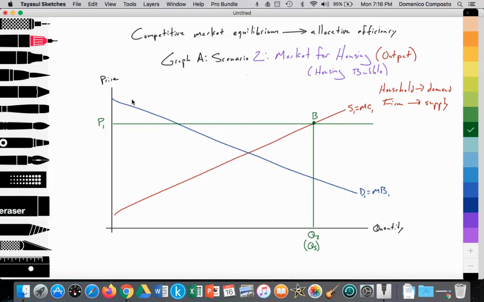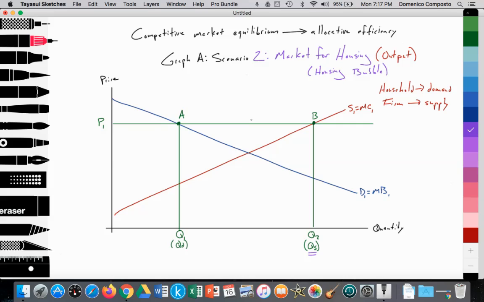While at that higher price, it's really not affordable for many households. So the quantity demanded is at point A. So here is Q1. We're going to make a note that that is our quantity demanded at the particular price. So let's look at how allocatively efficient this is. In order to do that, we have to pay attention to the quantity supplied at that price.